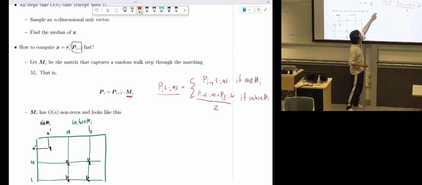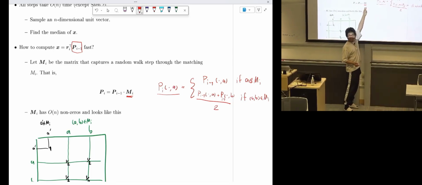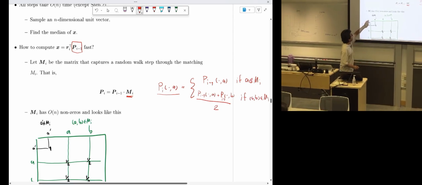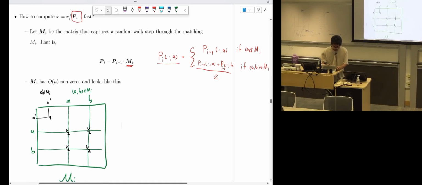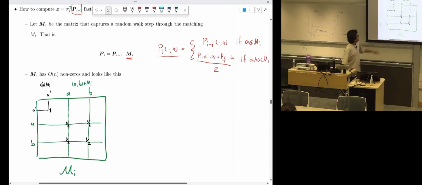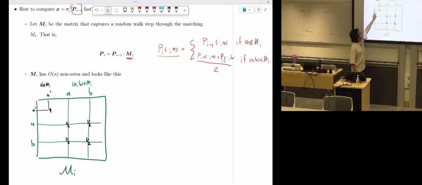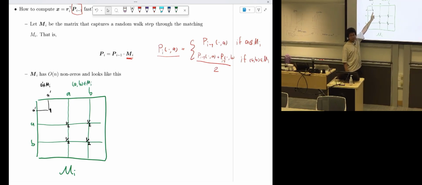And I'm going to just write a matrix M_i in such a way that when I multiply M_i by pi_{i-1}, I get pi_i. How does this matrix look? It's going to be simple. Look at each node a'. If a' is not in M_i, in the matching, then you just put 1 on the diagonal.